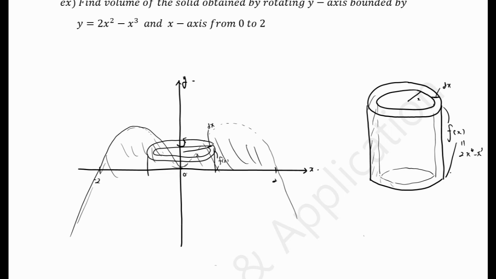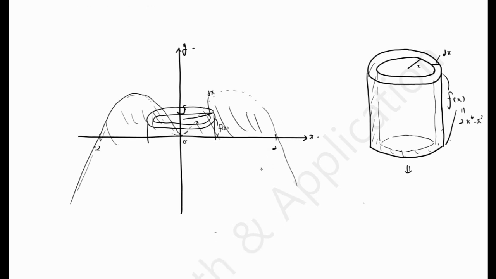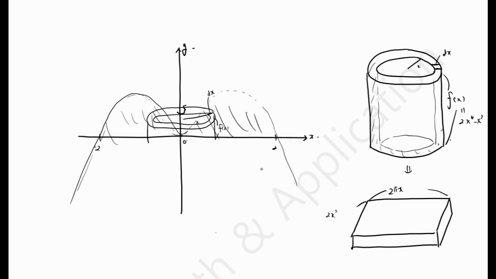So this cylindrical shell volume: we cut this part and unfold it, and we get a rectangular parallelepiped like this. This is 2 pi x, this is 2x squared minus x cubed, and this is dx.